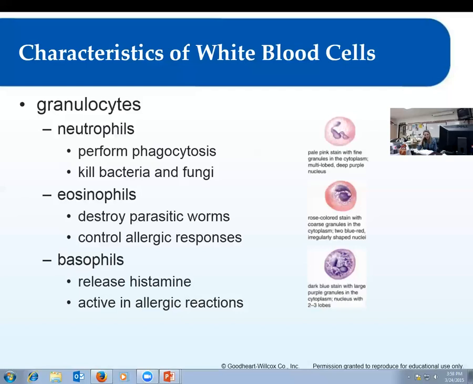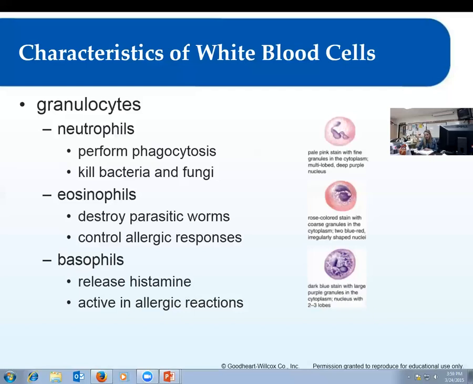Eosinophils look a little bit different, as you can see on here. They destroy parasitic worms, and you also hear about them in allergic responses. Basophils release histamine that intensifies the inflammatory process, like an allergic reaction.